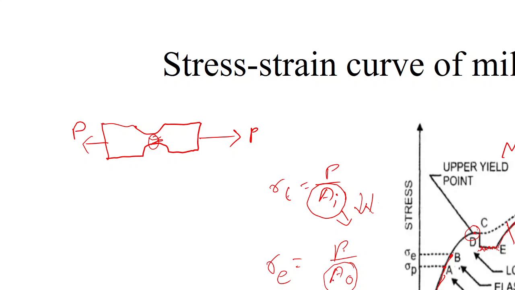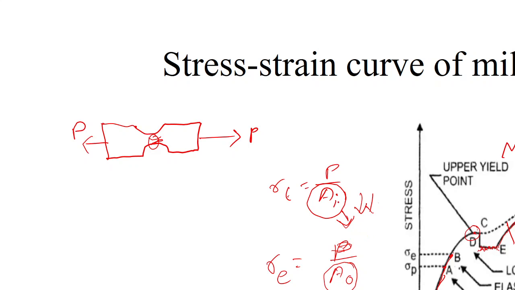So we retain the original area at the same value, while the load value decreases after the ultimate strength. So the engineering stress graph falls below. You are saying the body is experiencing less force during that period? Yes, the body is experiencing less force only due to a reduction in the cross-sectional area.